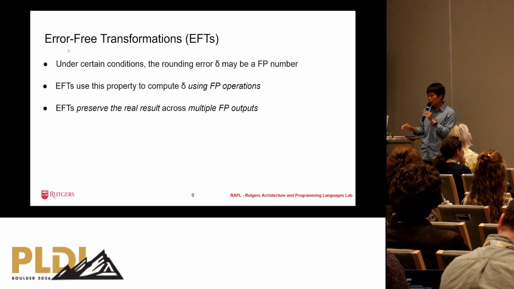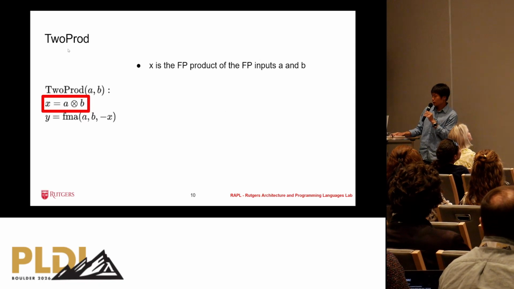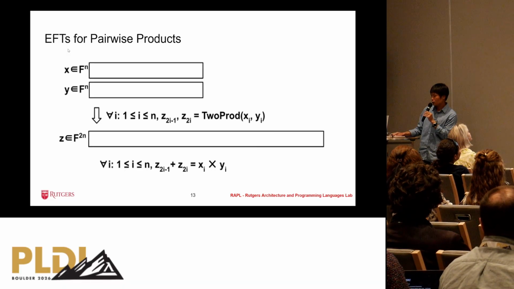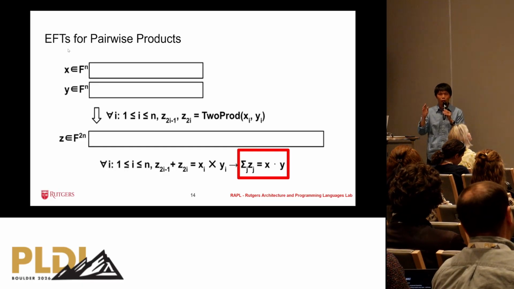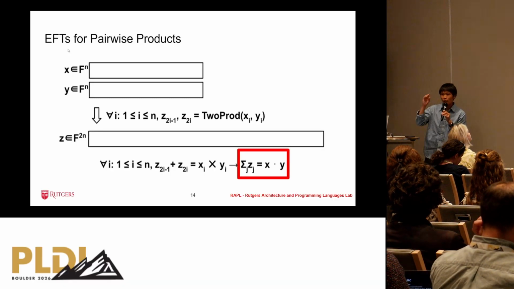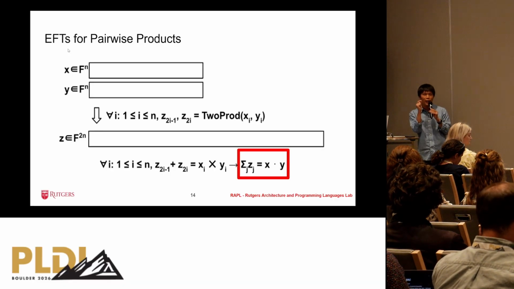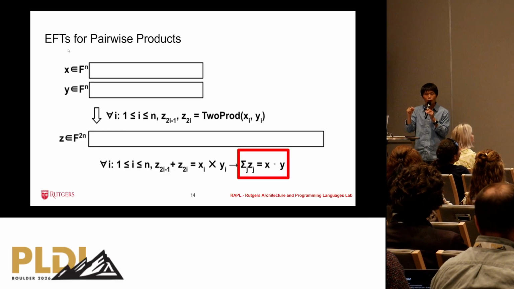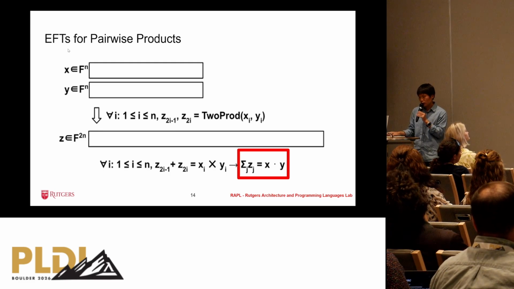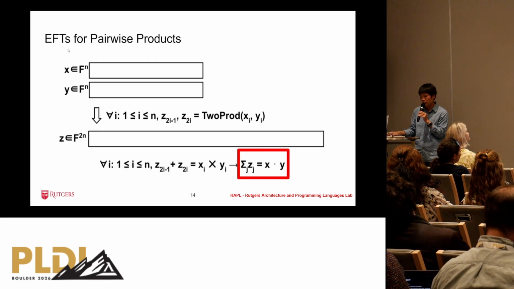And error-free transformations for multiplication and addition can be used for dot products. So because of time constraints, I will skip over details about error-free transformations for multiplication. But just know that error-free transformations for multiplication that work under round to odd exist. And through such algorithms, you can reduce the task of computing an accurate dot product to computing an accurate sum over a vector. So that brings us to error-free transformations for floating point addition.